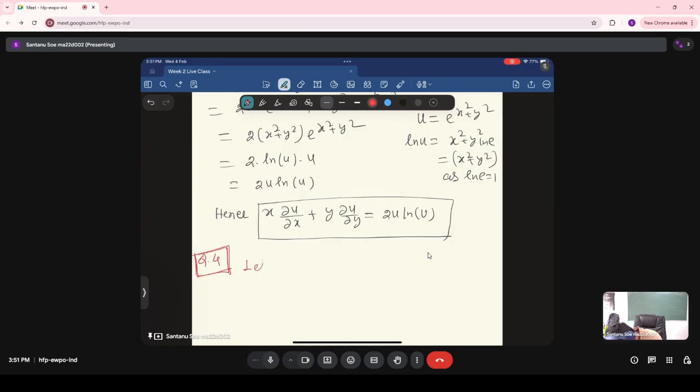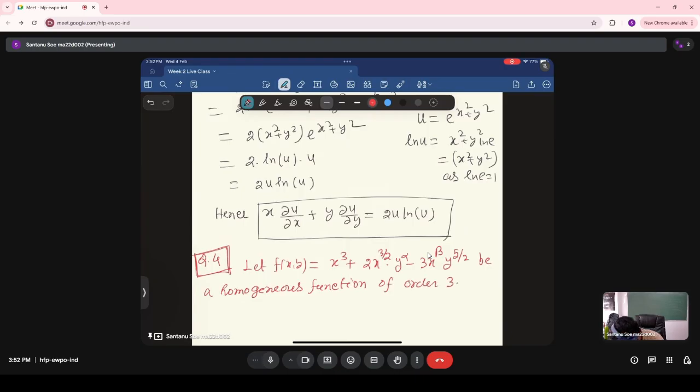So let f(x, y) equals x cube plus 2x to the power 3 by 2 into y to the power alpha minus 3x to the power beta into y to the power 5 by 2 be a homogeneous function of order 3.